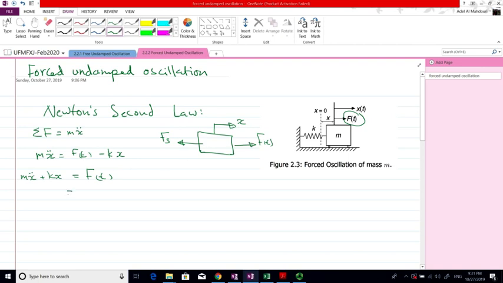But the applied force will have magnitude and also direction. So the amplitude of the force will be F naught, and how frequent it is will be cosine omega t. Then we can write this equation as m x double dot plus kx equal to F naught cosine omega t.